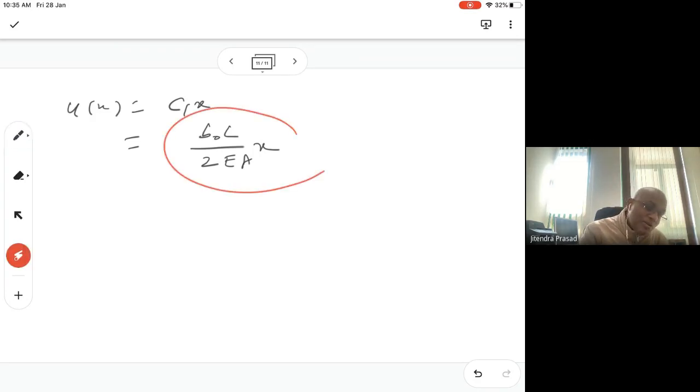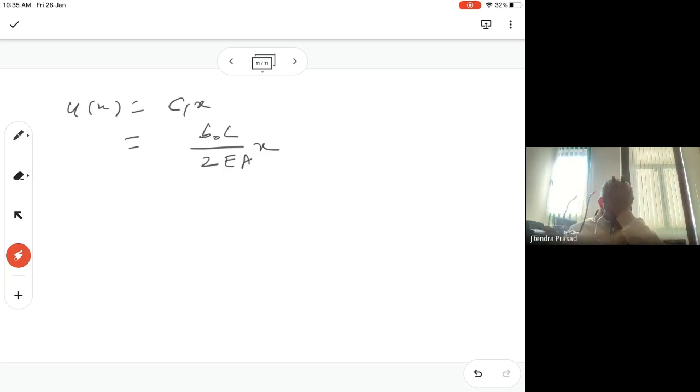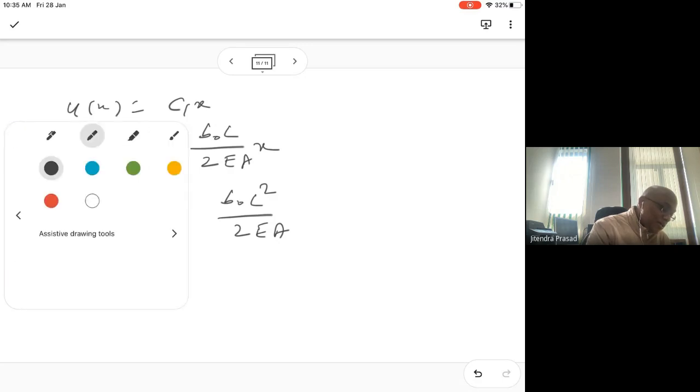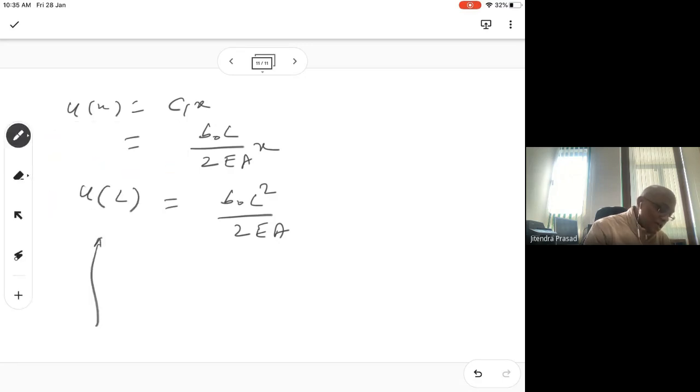This is the same value that you obtained when you used the Galerkin method. That tells you that both are actually the same, because your trial function was the same and you get the same value. So u at L is equal to b naught L squared over 2 EA. You can plot it also now as you did earlier.